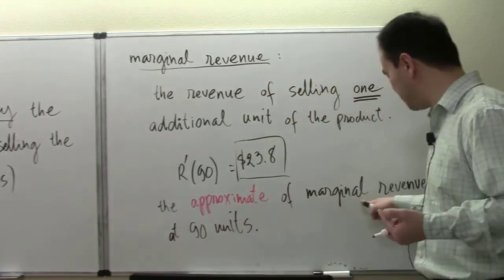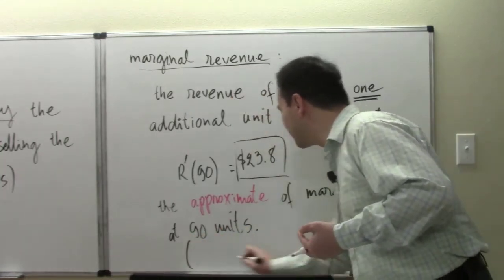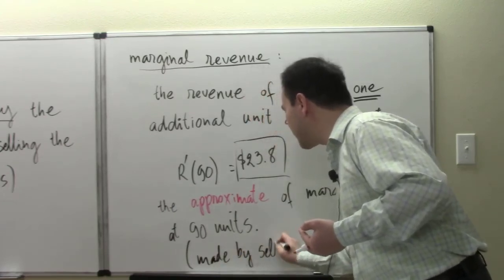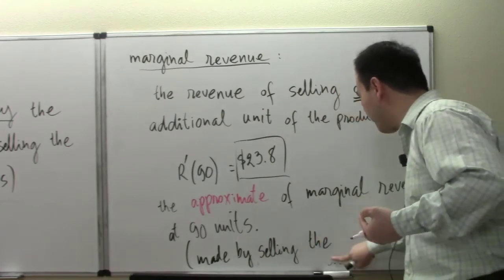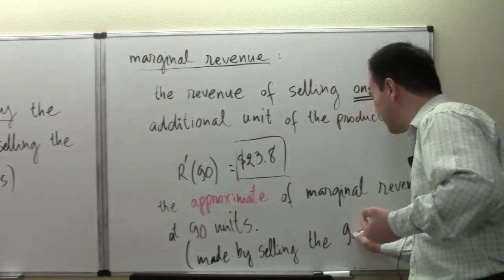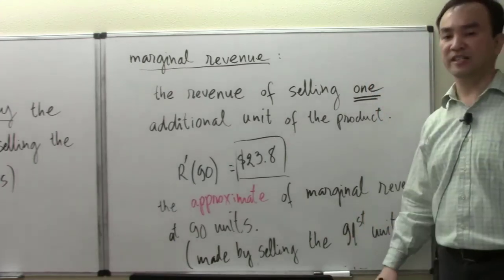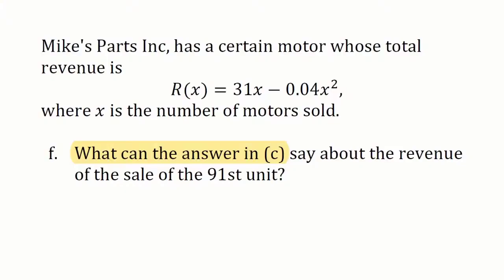It's the approximate marginal revenue made by selling the 91st unit. And that now answers exactly what it's asking for in the actual question on the board, right there on the computer screen that I brought up earlier. What can the answer in C say about the revenue of the sale of the 91st unit?